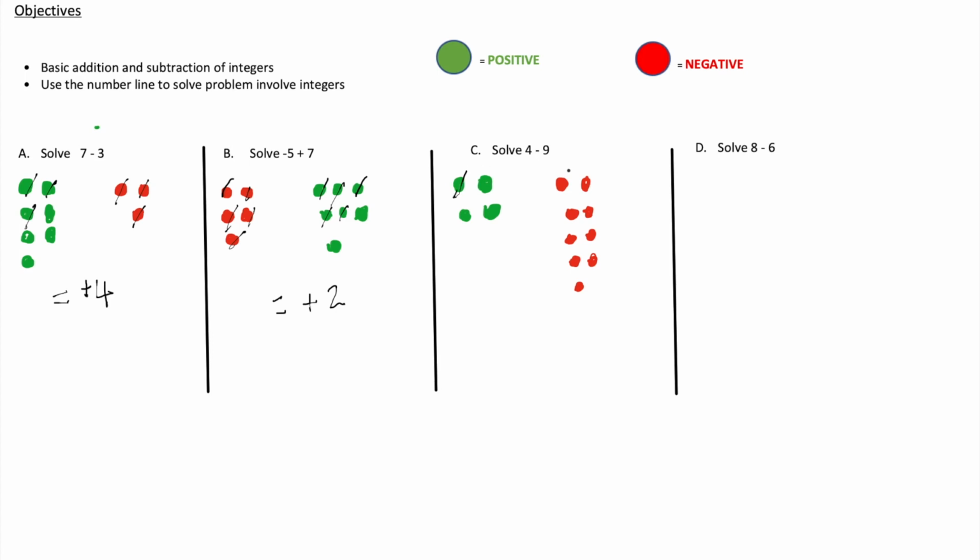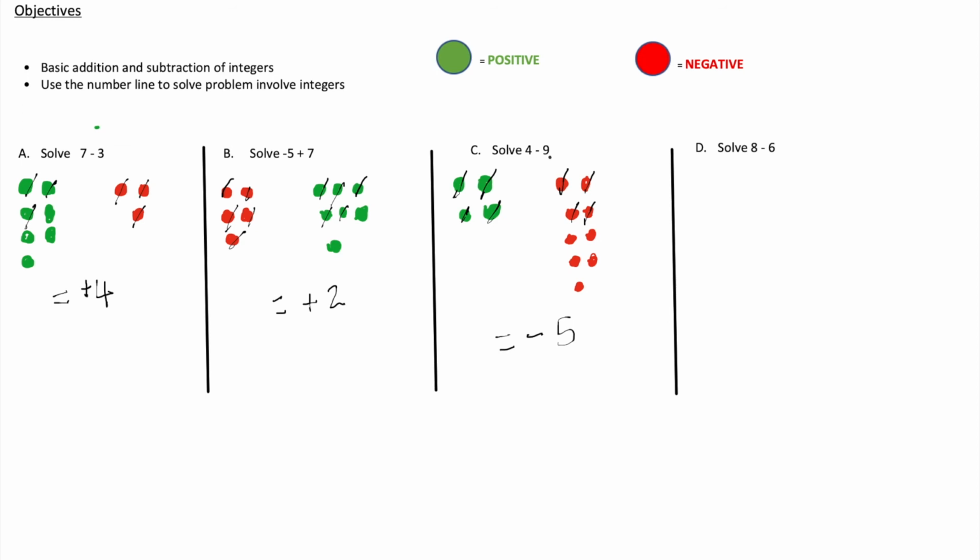So 1 positive takes out 1 negative, positive, negative, positive, negative. Here we see that we are left with five red circles, and we know that the red circles represent negative. So our final answer here is -5.